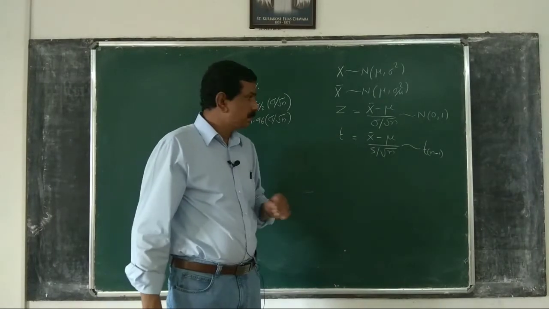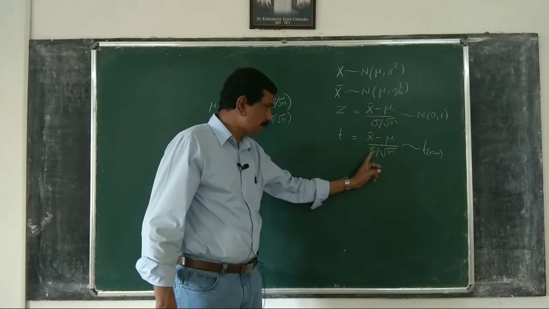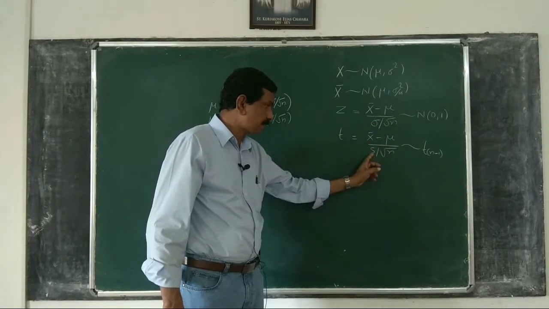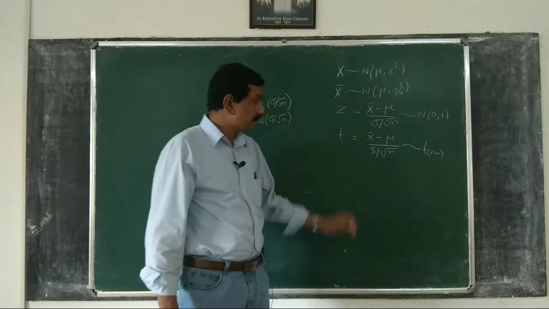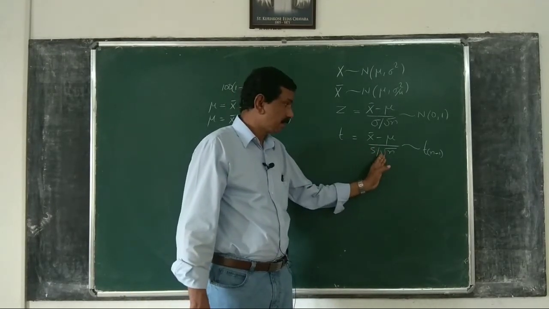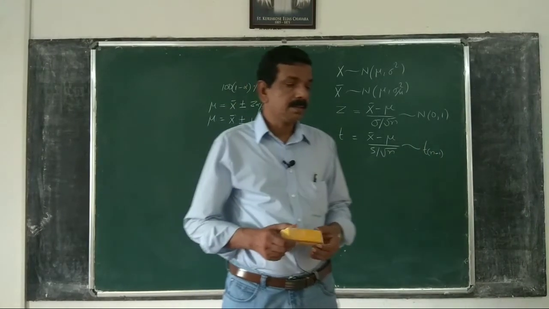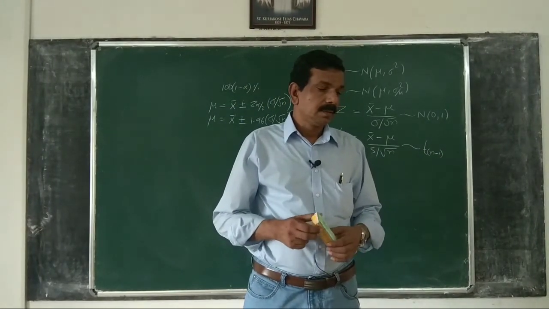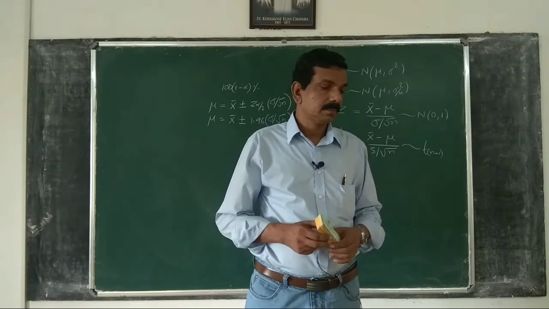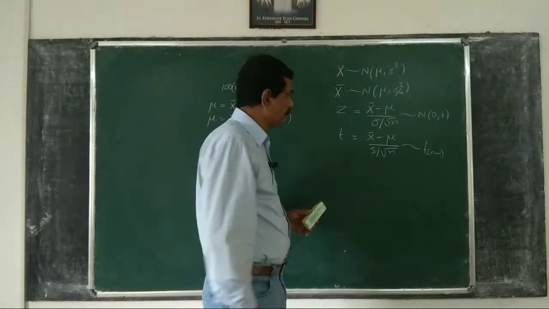As I told you, whenever sigma is replaced by its unbiased estimator S, the distribution becomes T with the degrees of freedom equal to n minus 1.